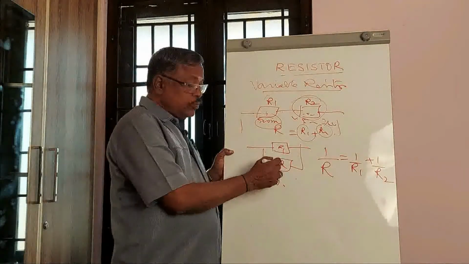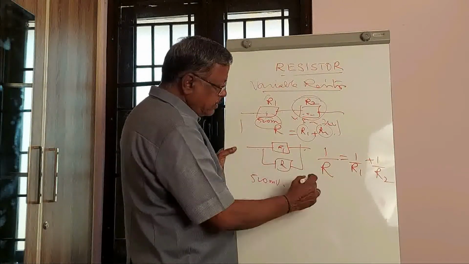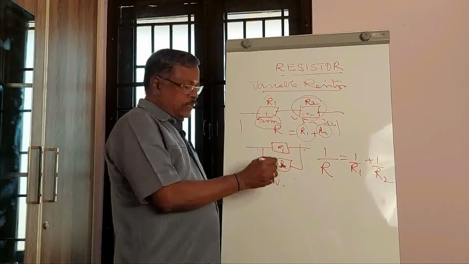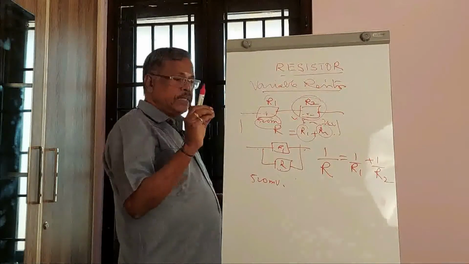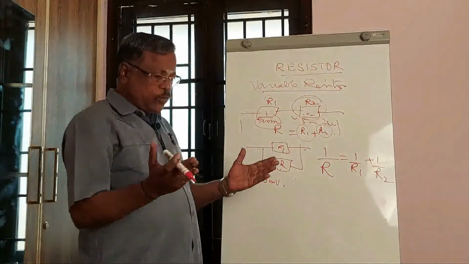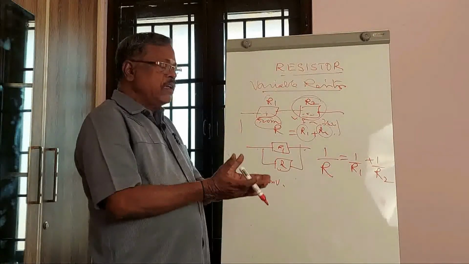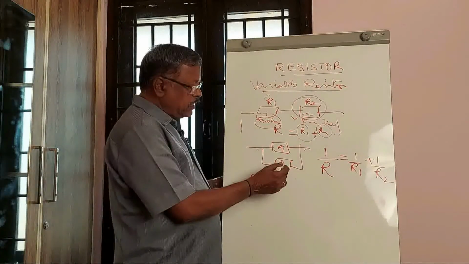But when you connect two resistors in parallel, the effective resistance is going to be lesser than the lowest value of the resistors connected in parallel. It's a very, very important tip you have to understand. The effective resistance is always slightly lower than the lowest value of the resistor, either R1 or R2.